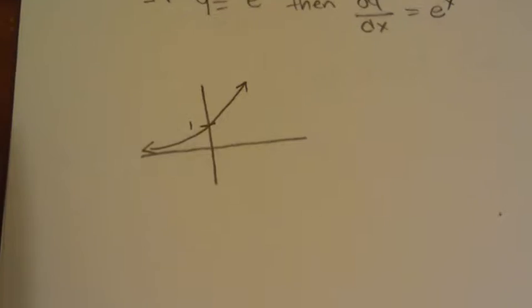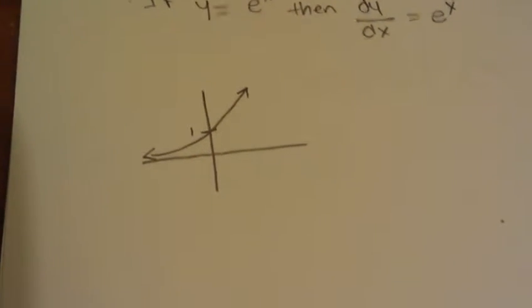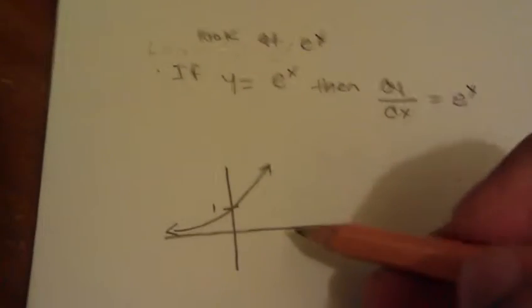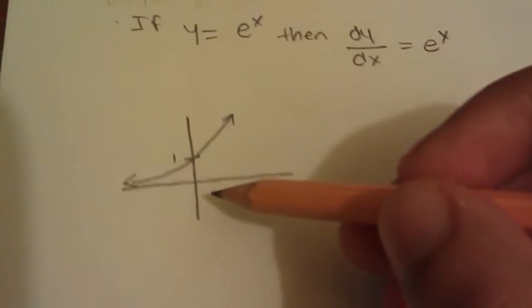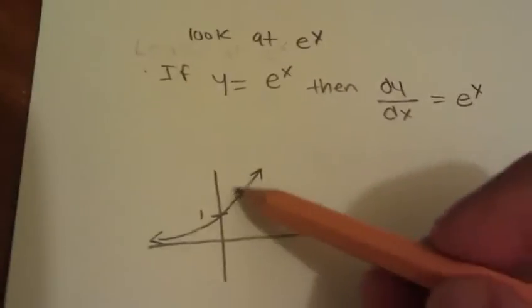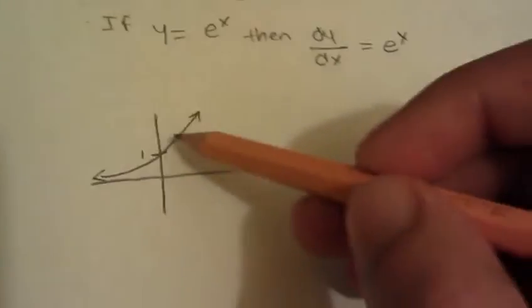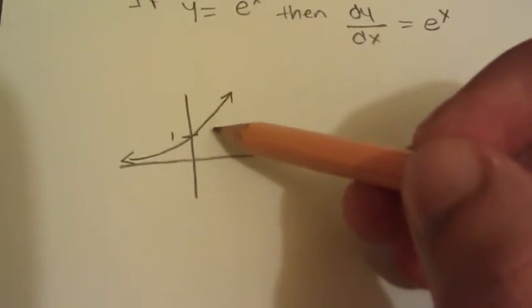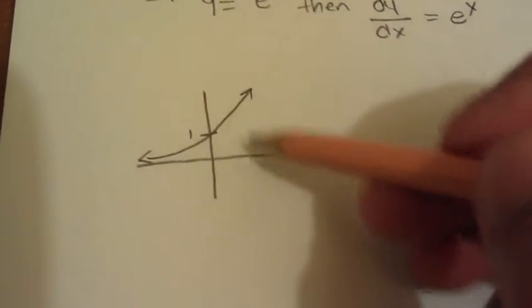What it's saying is that at any point on this curve, the value of the slope and the function are the same at every single point.